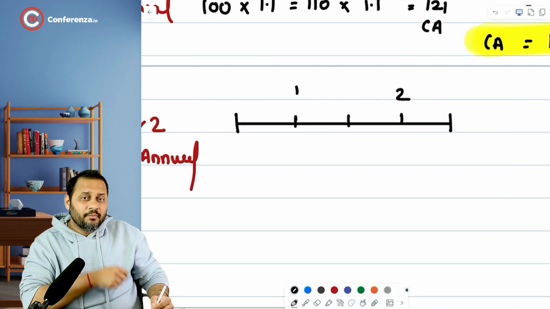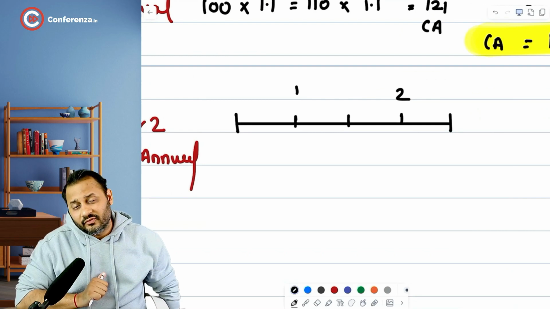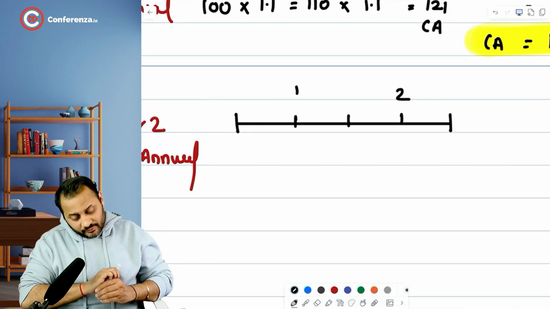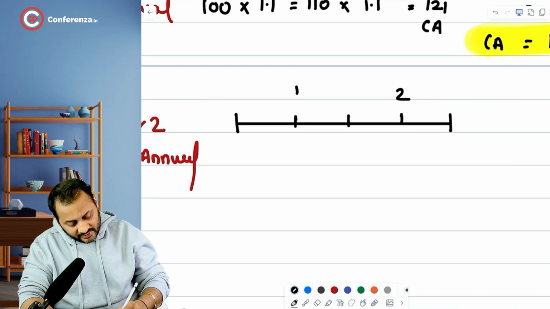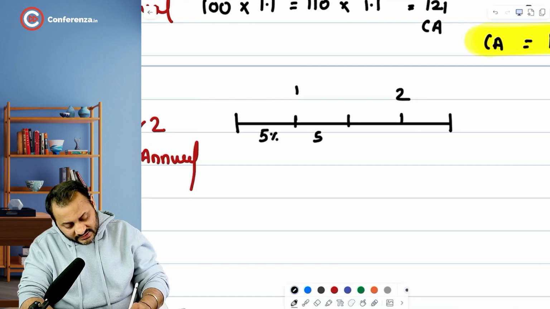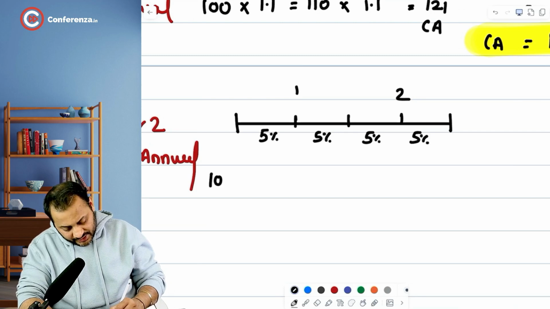Now, if 10% is the rate of interest for 1 year, what will be the rate of interest for 6 months? It will be 5%. So instead of earning 10% every year, you will now be earning 5% every 6 months. This is the payment timeline. Now what will be your cash flow?